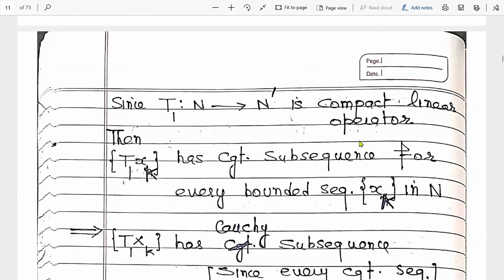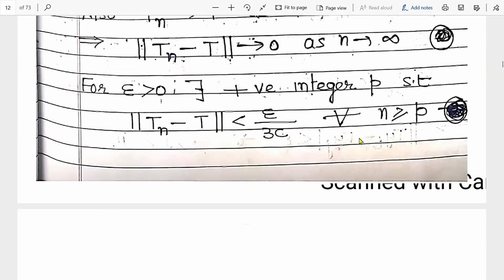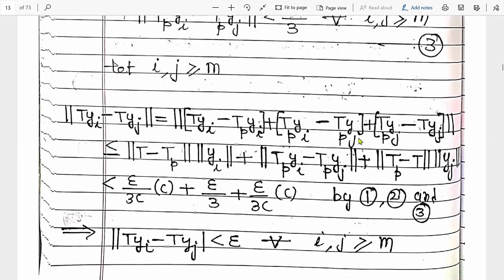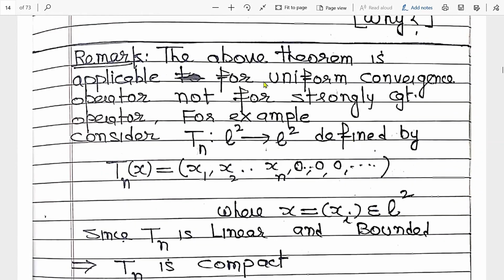Now, in order to contradict that result, consider an example that we will discuss in this remark. The above theorem that we discussed in the previous lecture is applicable for uniform convergence of operators, not for strongly convergent operators.